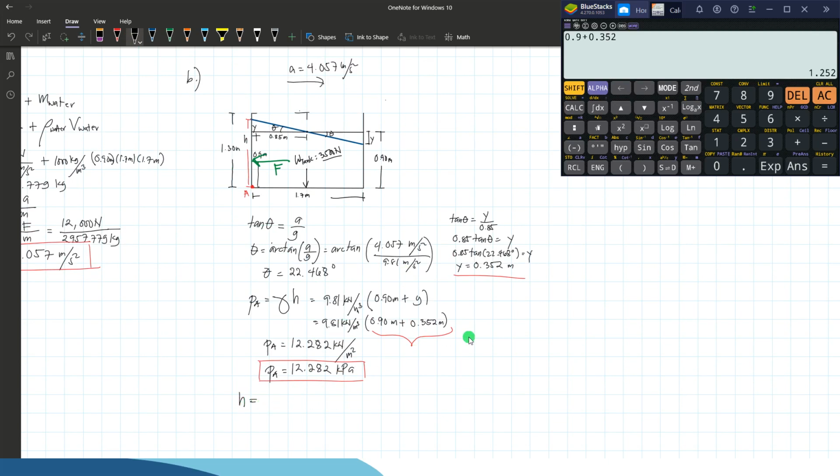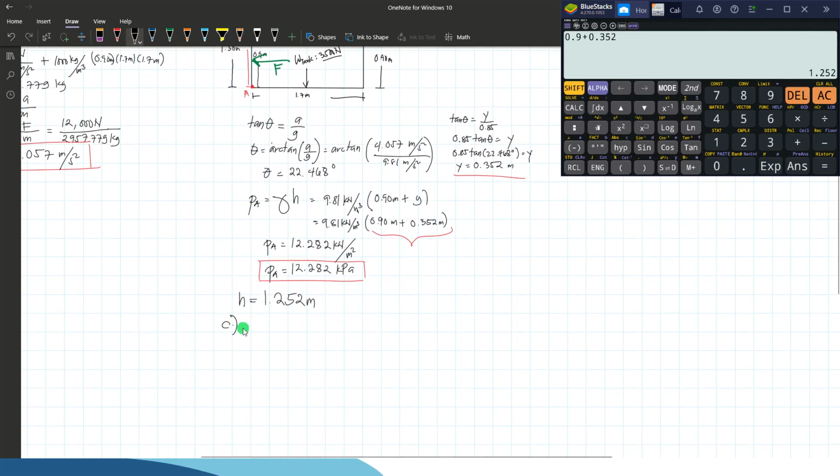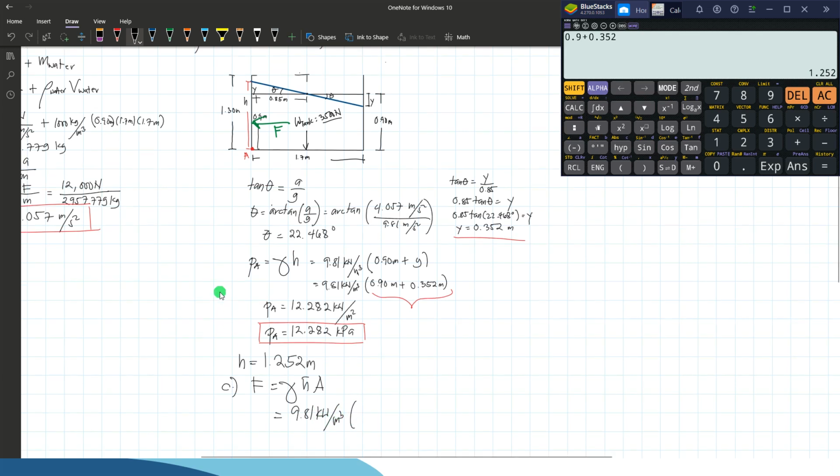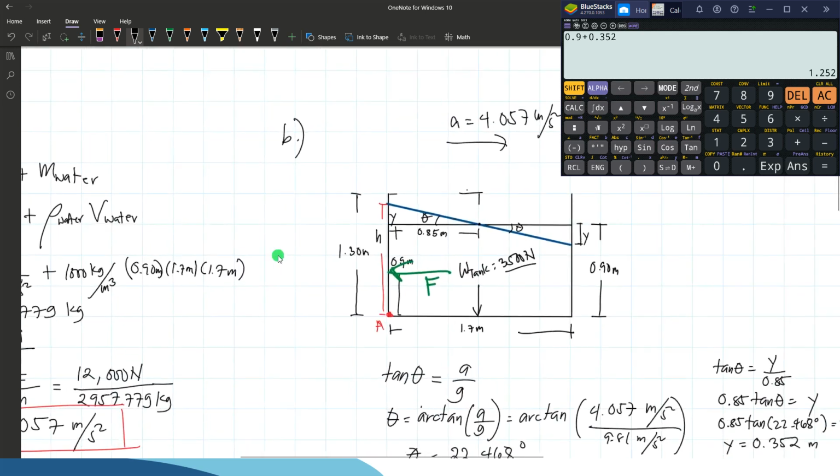So let's just write the total height, which is 1.252 meters. From that, for letter C, we can compute the hydrostatic force, which is equal to gamma bar h times the area. So 9.81 kilonewtons per cubic meter multiplied by bar h. Bar h is what?